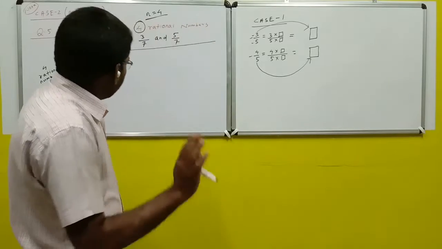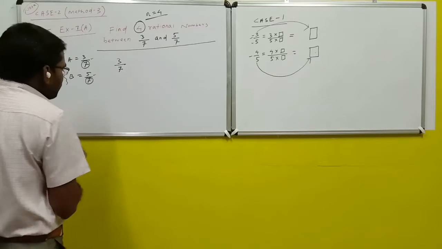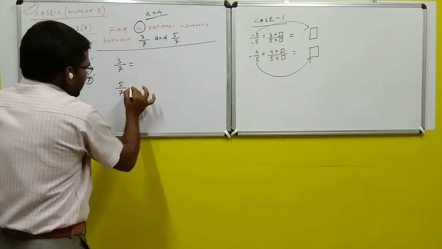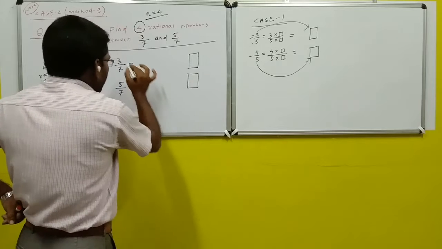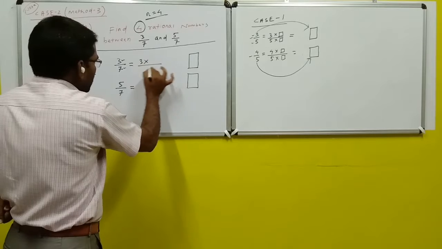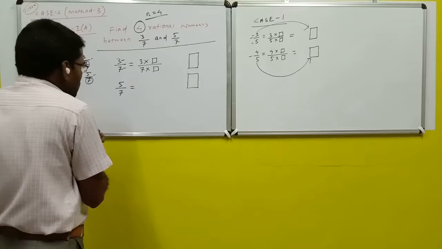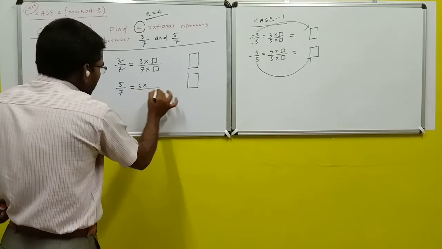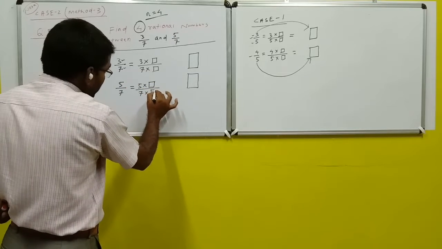What is that? Your duty is to change 3/7 and also 5/7 into their respective equivalent rational numbers by multiplying the numerator 3 and the denominator 7 by a suitable number, and also by multiplying the numerator 5 and the denominator 7 by their suitable number.